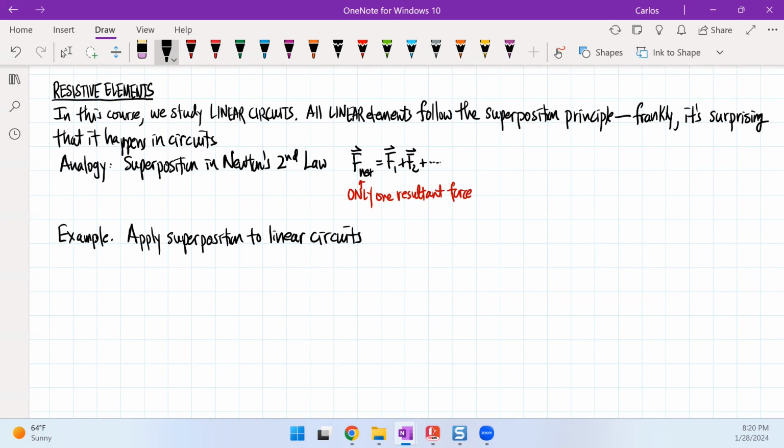So let's think about multiple circuits. Let's say I have some element that looks something like this. I have an element that comes along, and let's say I have one element here, and let's say I have a source here.